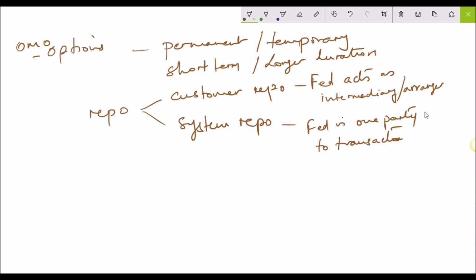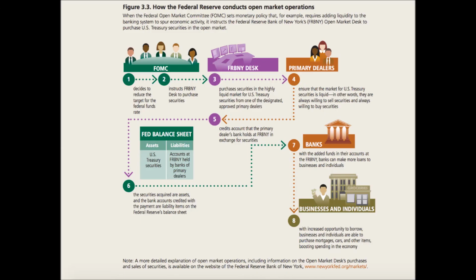So this is why this type of transaction is called a customer repo, because the Fed arranges this repo transaction for its customer, which is the Bank of Japan. Now, lastly, we will look at the final step that the Federal Reserve Bank takes in order to implement its monetary policy.